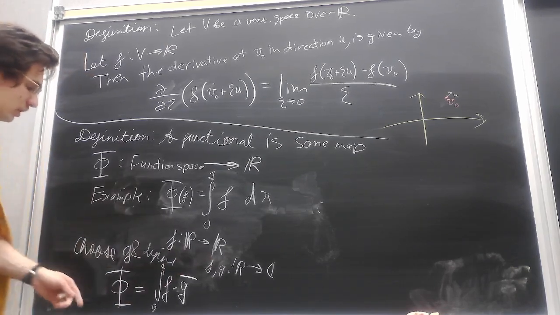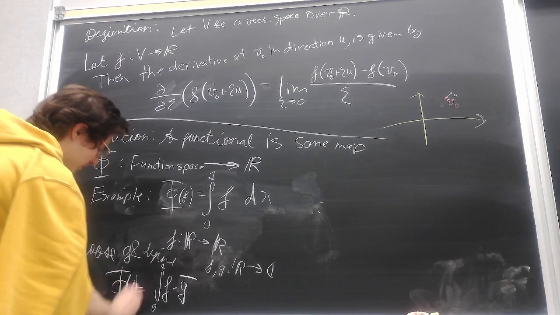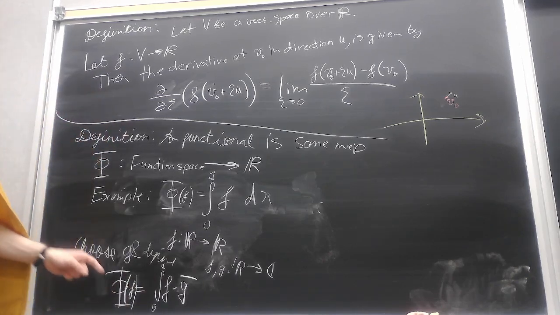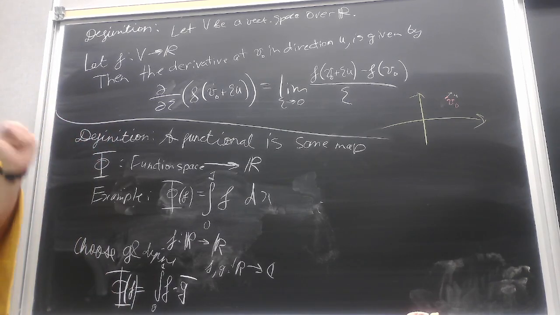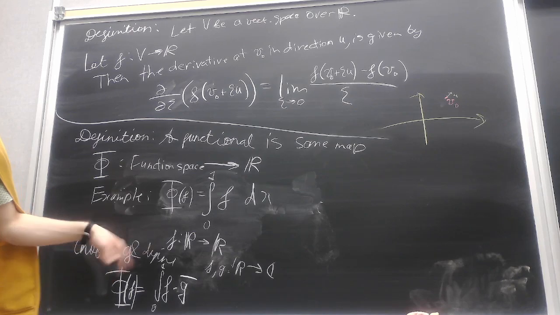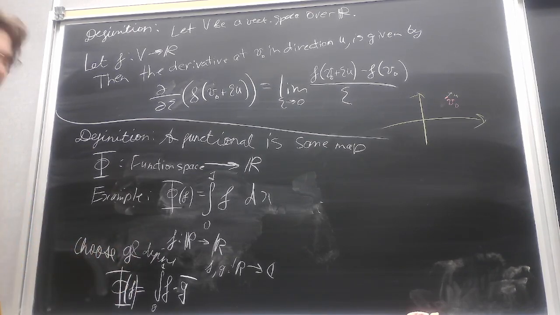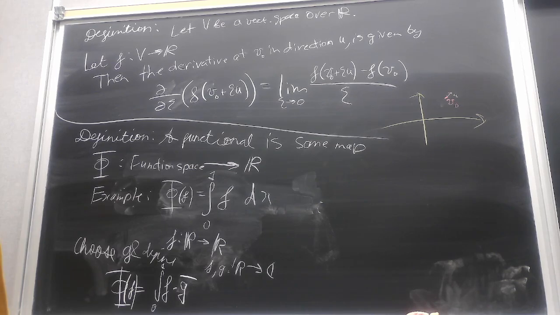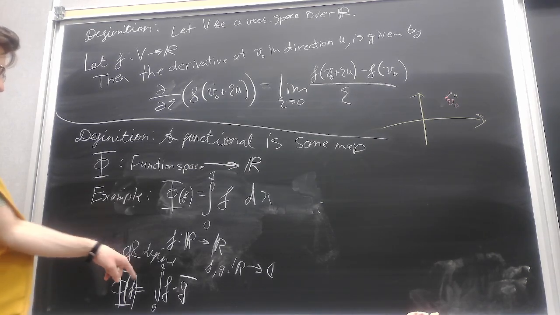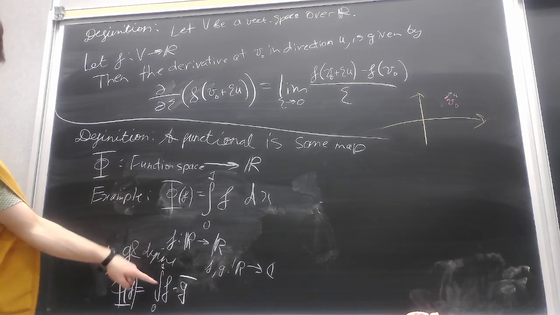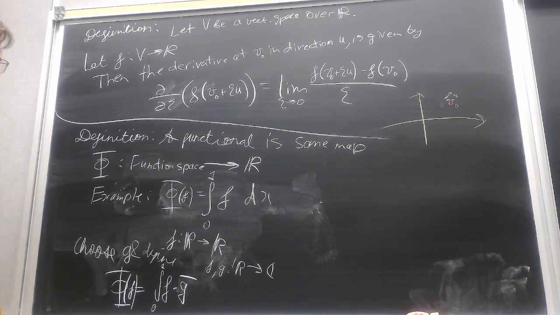The domain of the functional is functions which are integrable in this way, such that this makes sense and is finite and whatnot. I'm saying let's fix some g, then you can define something like this. Okay. Good.